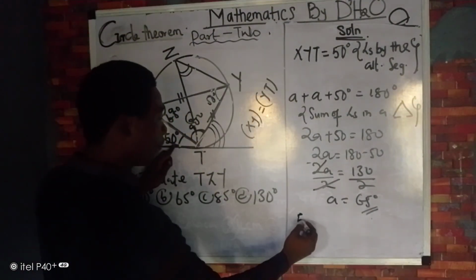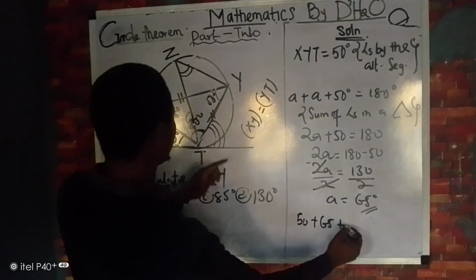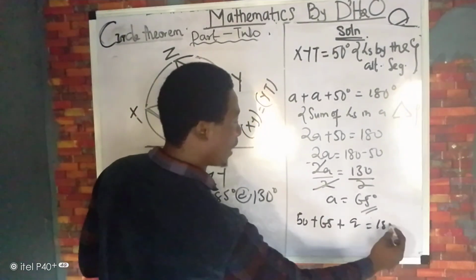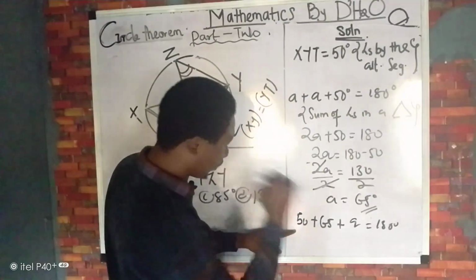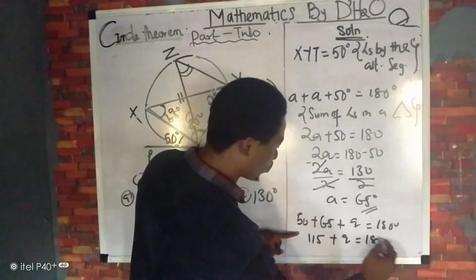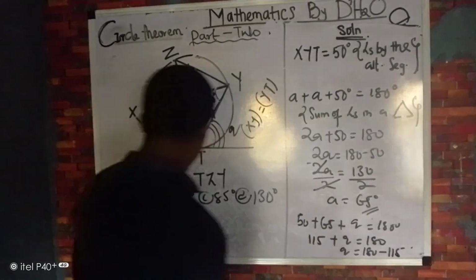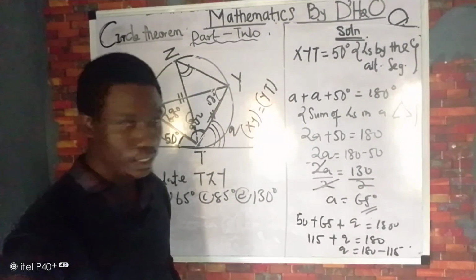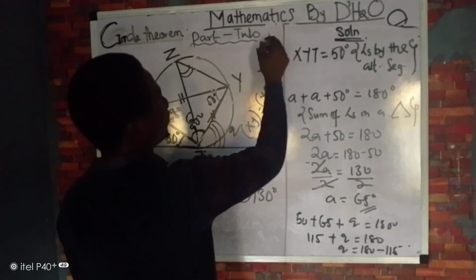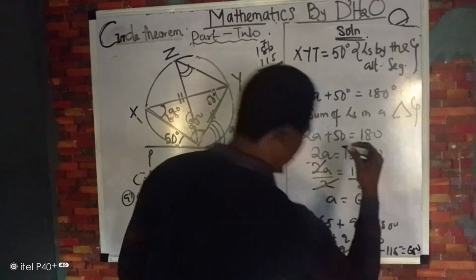So we have 50 plus 65 plus this angle, let's call it Q, equals 180 degrees. 115 plus Q equals 180. So Q is 180 minus 115. That will give us 65 degrees.